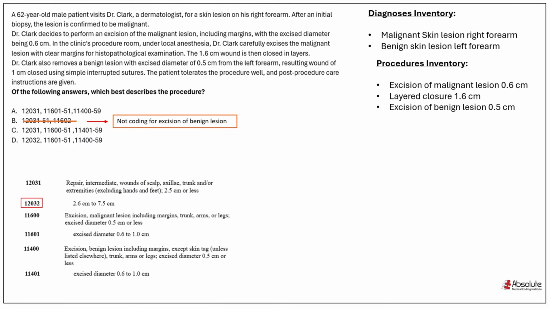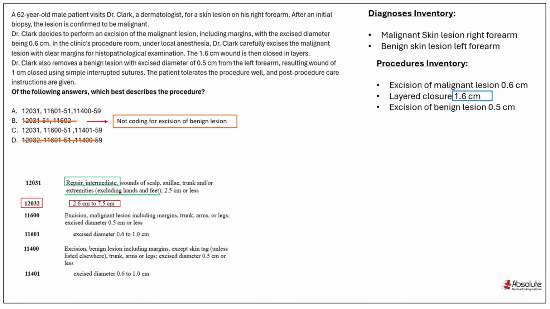Cross-checking with my procedure inventory, I see that we had a layered closure of only 1.6 centimeter and not 2.6 to 7.5 centimeter. And that makes option D also incorrect. The correct CPT code should have been 12031, which is for a repair intermediate of extremities 2.5 centimeter or less. Right? So option D is also incorrect, and now we are left with option C and option A.